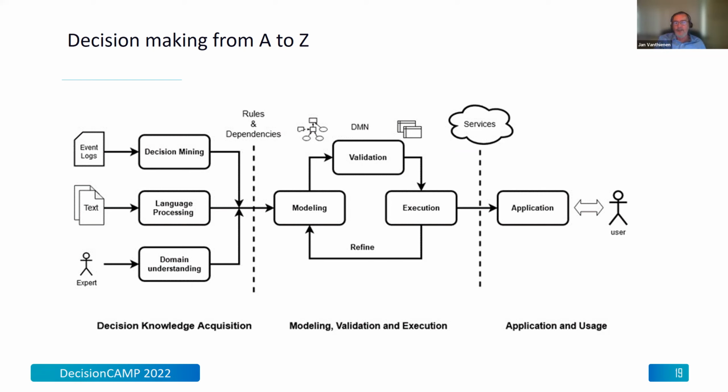So to me, DMN is not only about one specific item. DMN is about the entire trajectory from where do you get it? How do you make sure it's of high quality? And then once you have it, what can you do with it? And then probably I forget millions of things. How can you integrate with other modeling techniques I didn't even mention, but also that, of course, is very important.